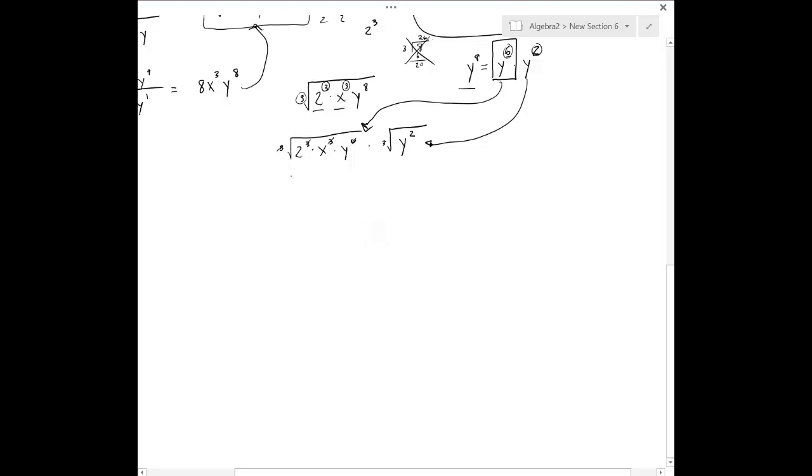That cancels the cube root as soon as we do that. We get 2 to the 1, which I omit because whenever there's a 1 you don't write it. X to the 1 and y squared because 6 divided by 3 is 2. Then you're just keeping this reject off by himself because he's a stinky loser. And that would be your answer for this problem, for the division problem.